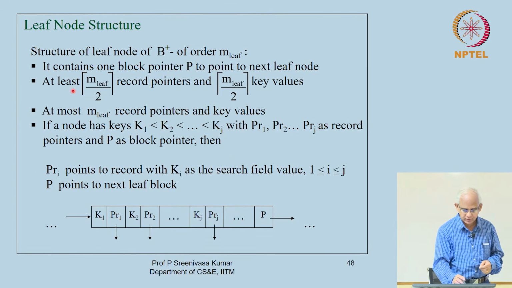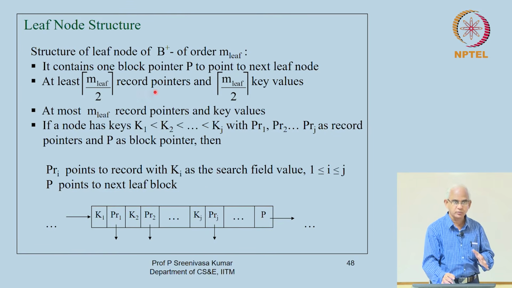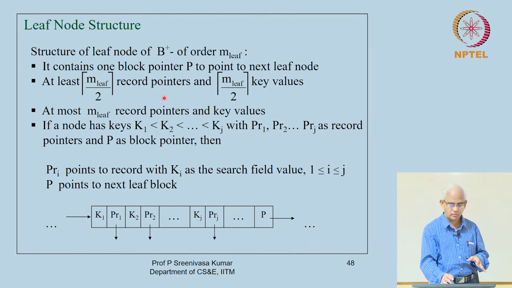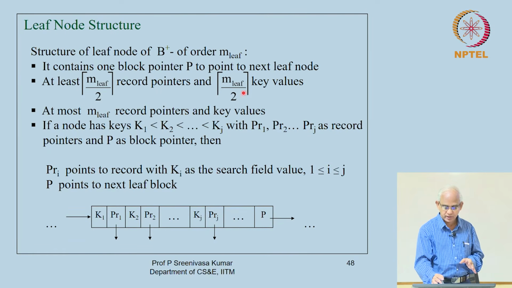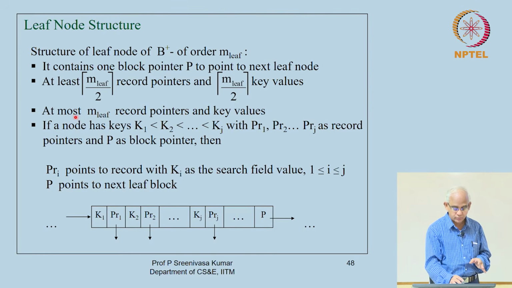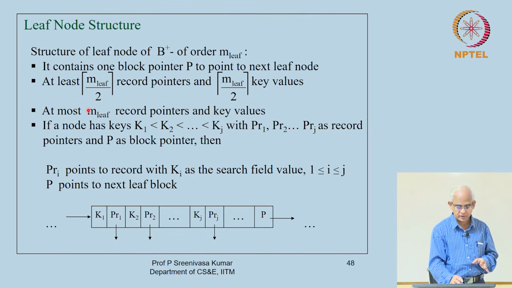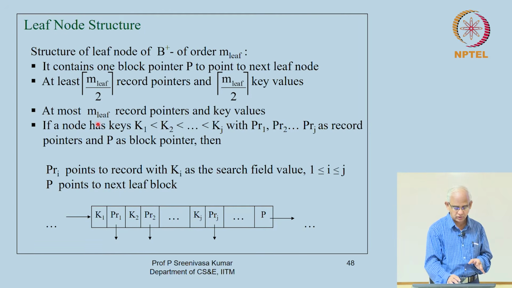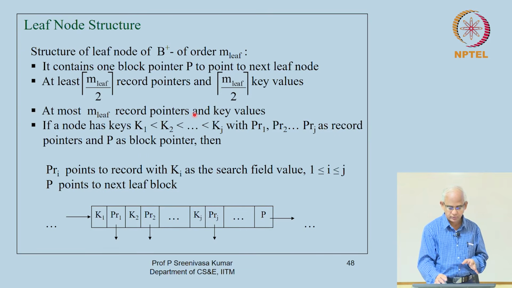It contains at least m leaf by 2 record pointers and at most m leaf, and the same number of key values. This is at least, right. And at most m leaf, this is what we have defined as the maximum pointers it can have. So, that is the order. So, at most m leaf record pointers and key values.